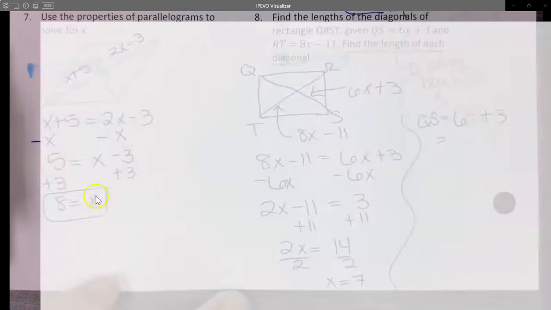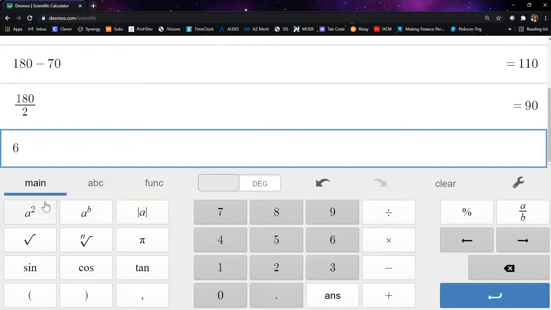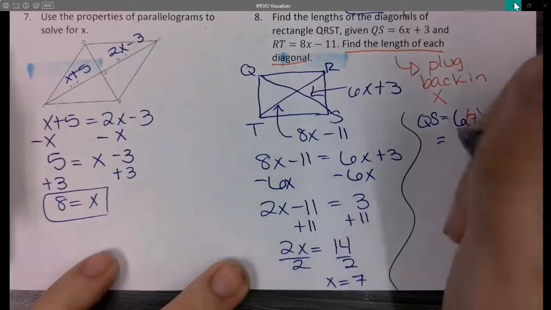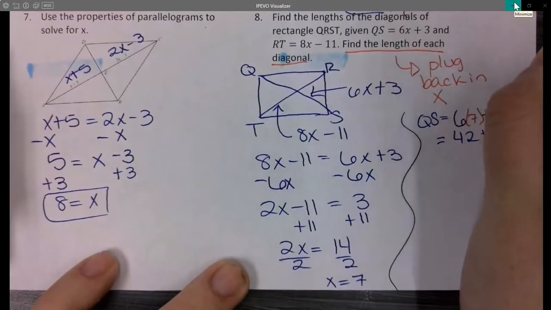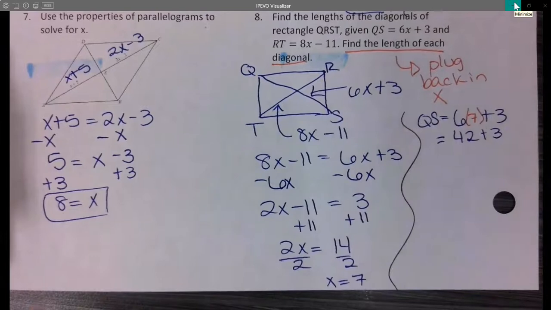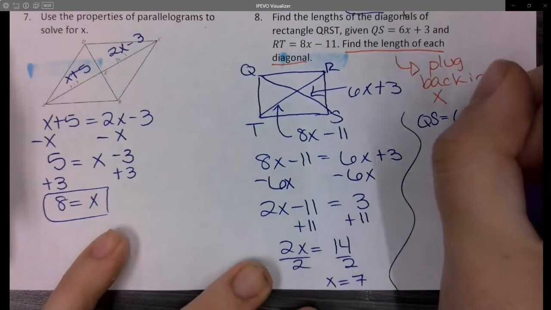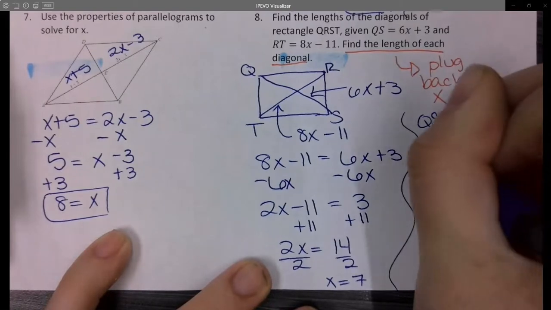I can go to Desmos to do 6 times 7. Which gets me 42. 42 plus 3 is 45.